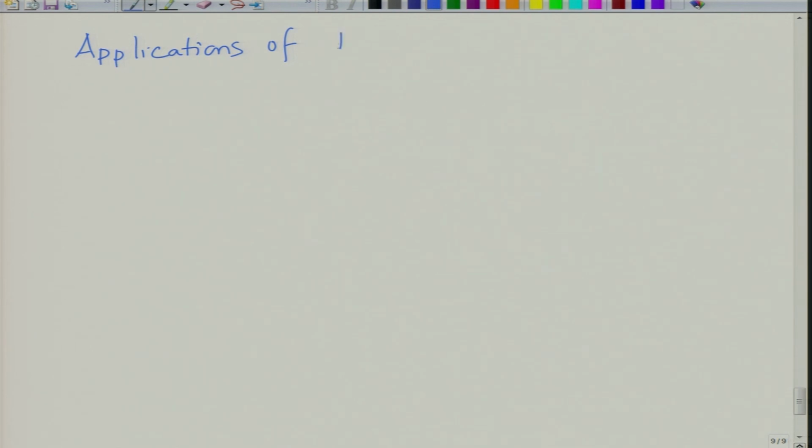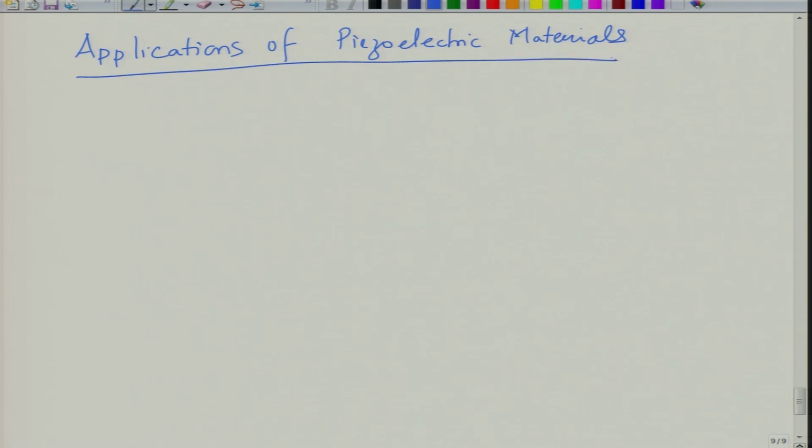So, first we will look at the application of piezoelectric materials. Let us see some of the piezoelectric applications.